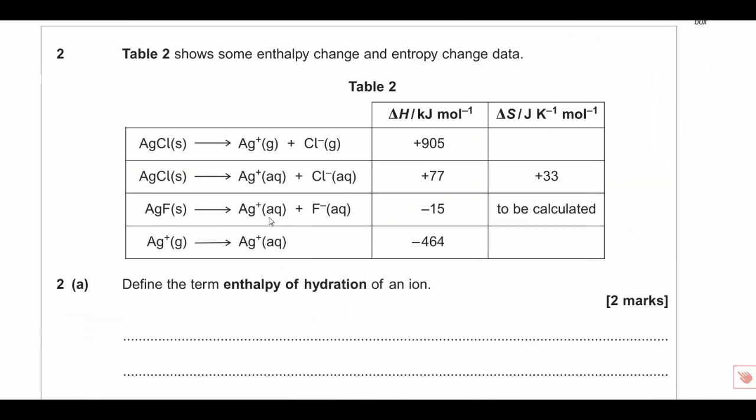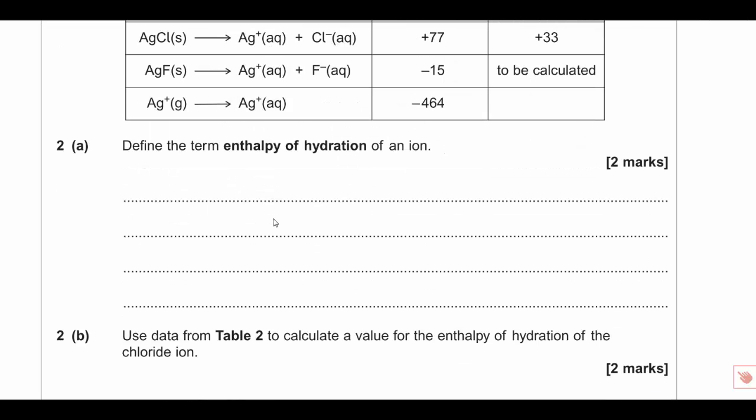So, question 2. We're going to be looking at enthalpy changes and entropies on this one. So some more thermodynamic stuff. Define the term enthalpy of hydration of an ion. Quite a nice one.